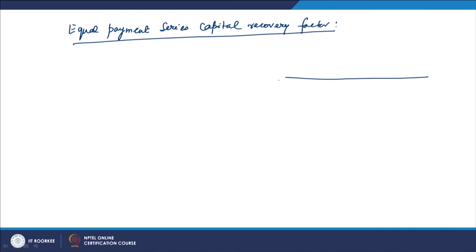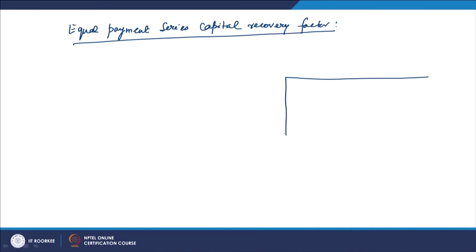That is how this factor is defined: you are recovering the whole capital, and the capital is also earning interest. So, the cash flow diagram will go like this.